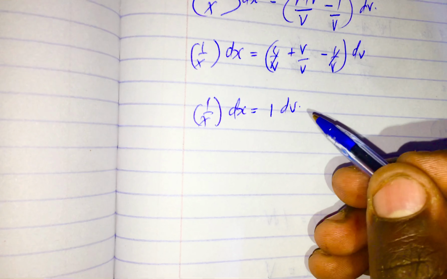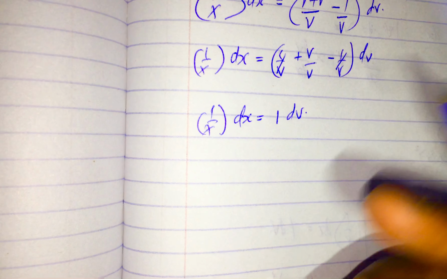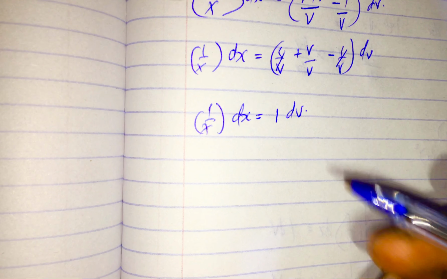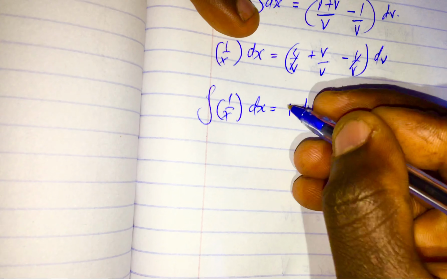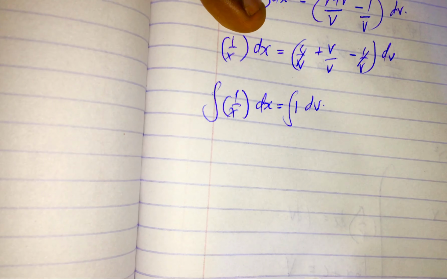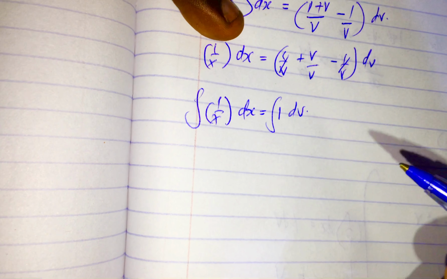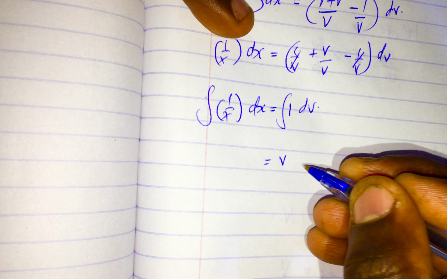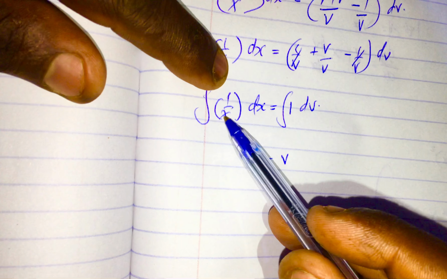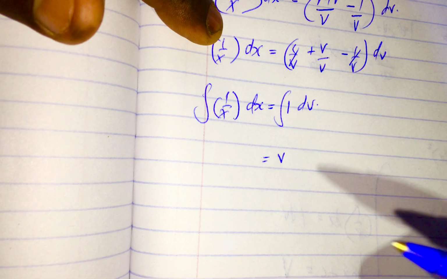After reaching this particular point, you've seen that the x's and the v's have been separated respectively. Now you integrate both sides: this part with respect to x and that part with respect to v. As you know, in calculus, by integrating we add. Integrating 1 gives the variable v. Integrating 1 over x gives natural log of x, or the Neperian logarithm of x.